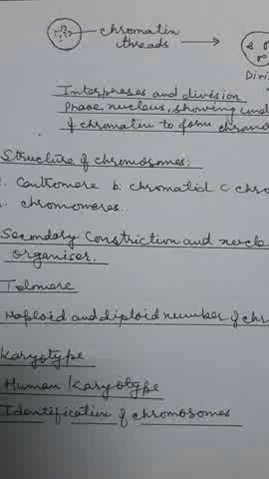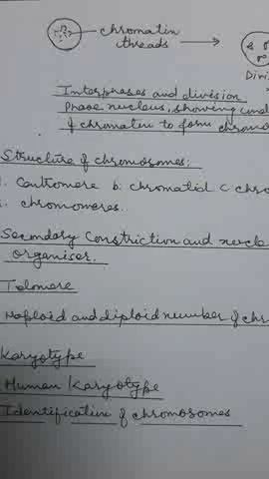Centromere is located in the primary constriction. During cell division, the microtubules of the spindle fibers are attached to the centromere. Therefore, centromere helps in chromosomal movement during cell division.